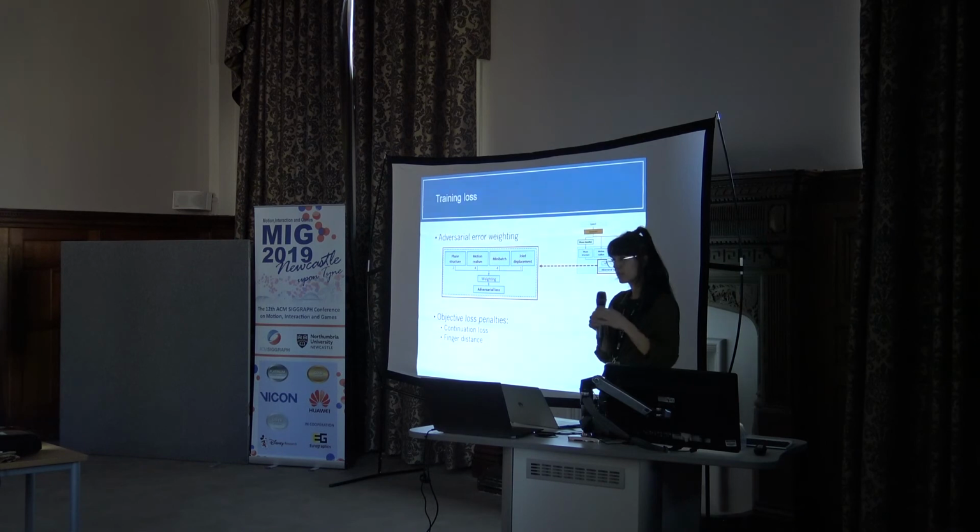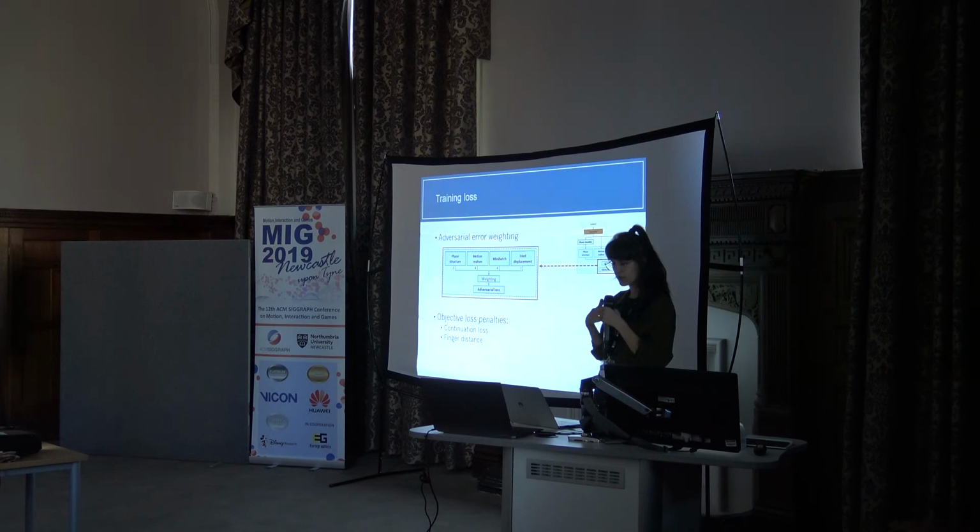The first is the continuation loss, because each discriminator is just concerned with how one sequence looks, but it's not concerned with how these sequences connect within the batch. So we just calculate the distance between one sequence and its previous sequence to calculate how well they connect, and add that as a penalization.